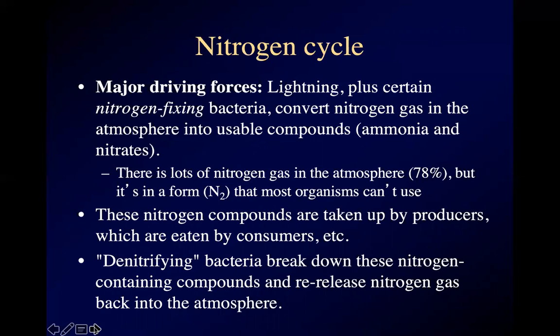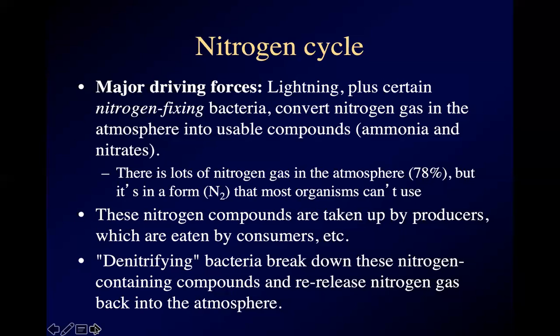The problem is that nitrogen gas is very hard to break down. Most living things can't break down nitrogen in the air and turn it into a usable form. There's two things that can do that.